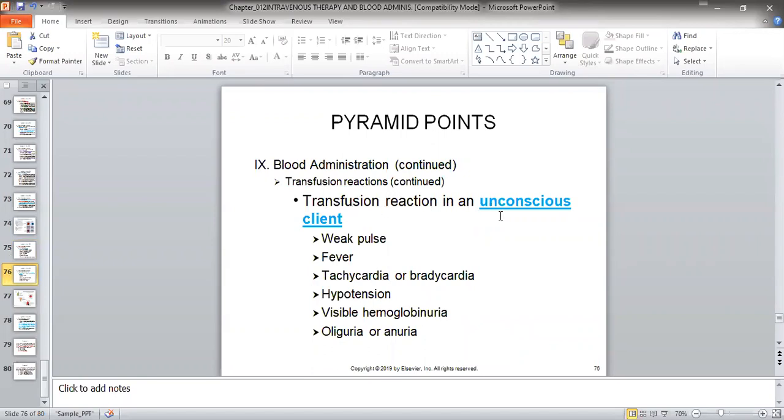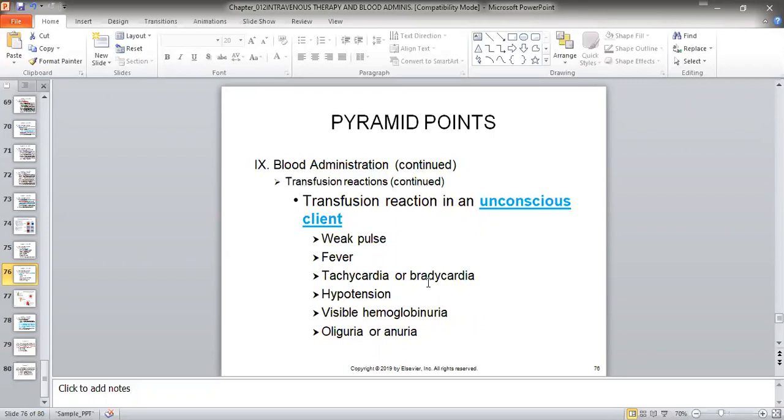Now they said transfusion reaction if the patient is unconscious. What are the most common signs? Weak pulses, fever, tachycardia, right? Elevated temperature means fever. Tachycardia means increased heart rate.